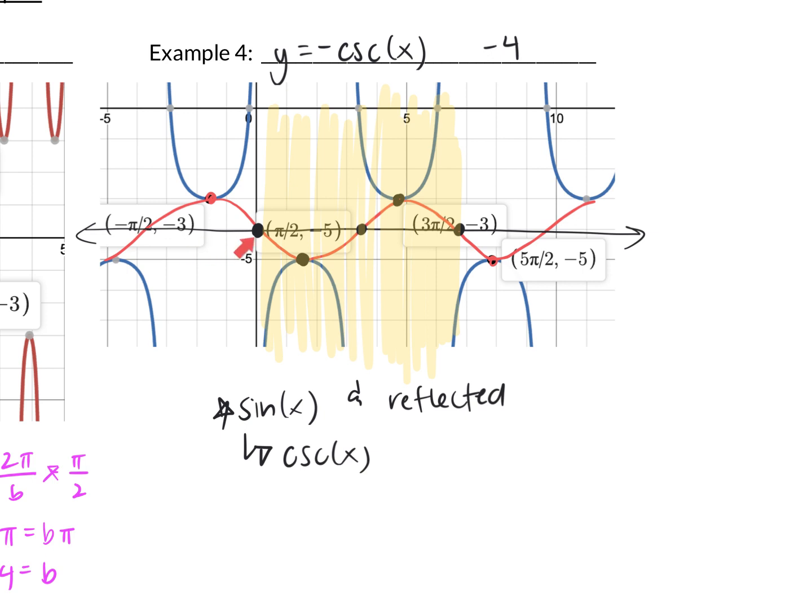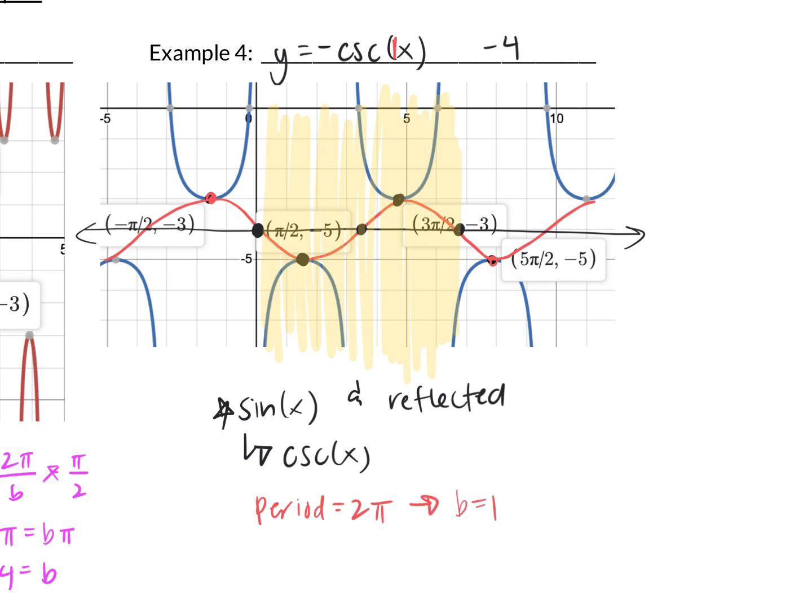I'm starting at 0, and we're going all the way to this 3 pi over 2 negative 3 point. That's actually right here. So then this value is actually going to be 4 pi over 2, which is just 2 pi. So I go from 0 to 2 pi, so my period is a length of 2 pi, which means your b value is just 1.